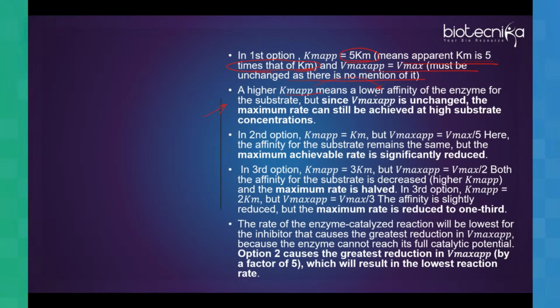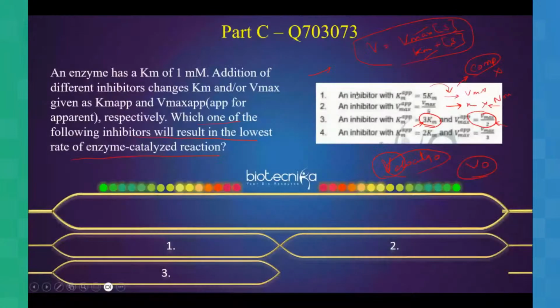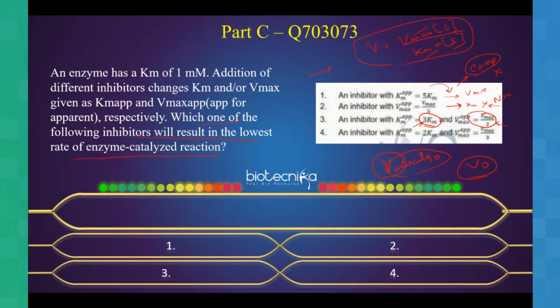So if Km is high, the enzyme has a lower affinity for the substrate. But since Vmax app is unchanged, the maximum rate can still be achieved at high substrate concentration. So option 1 cannot be the answer. This competitive inhibition will not have a low enzyme catalyzed rate, because Vmax can be reached anyway.